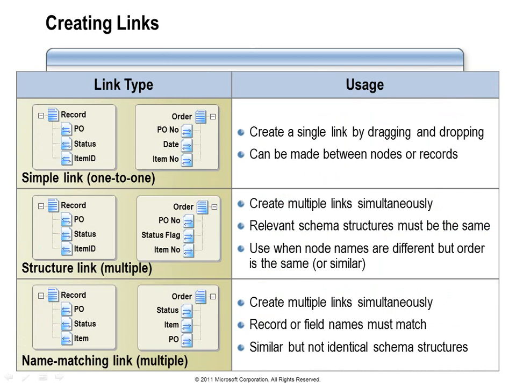It's very easy to create a link in the mapper. A link simply specifies that you want to copy the value as is from the source to the destination. And you can link two nodes by simply dragging and dropping one to the other. Eventually, you will probably encounter a schema in which you need to map a source record to the destination record.